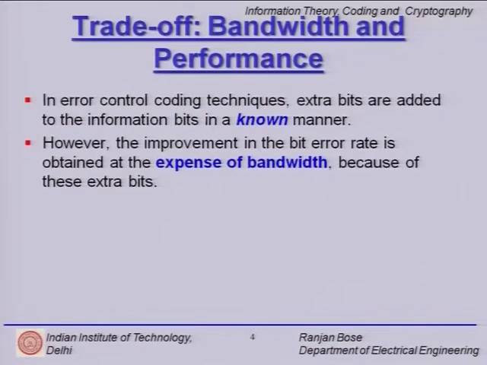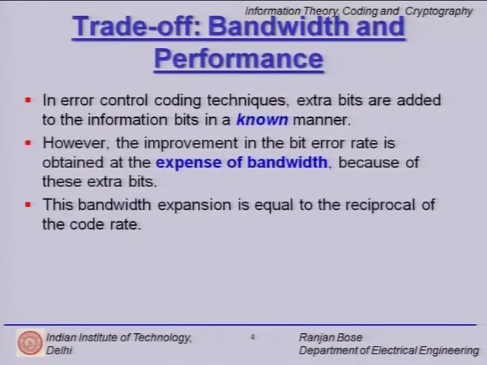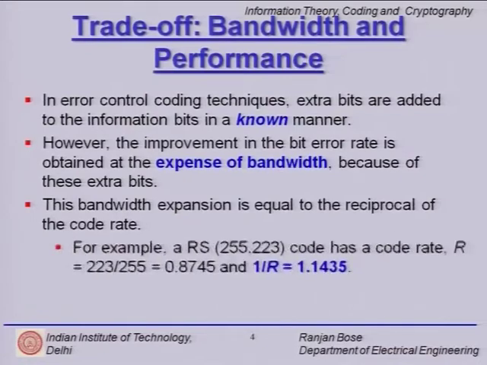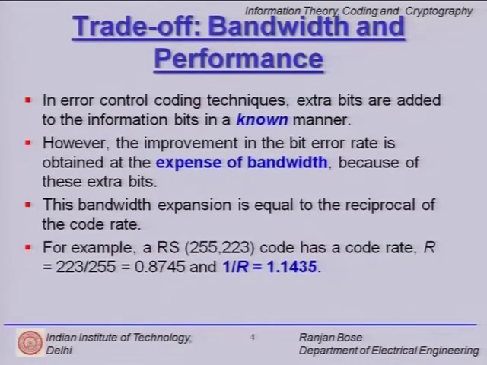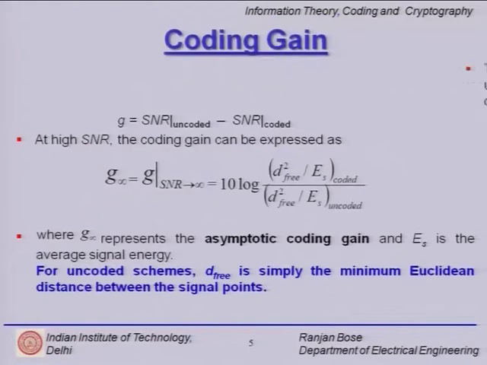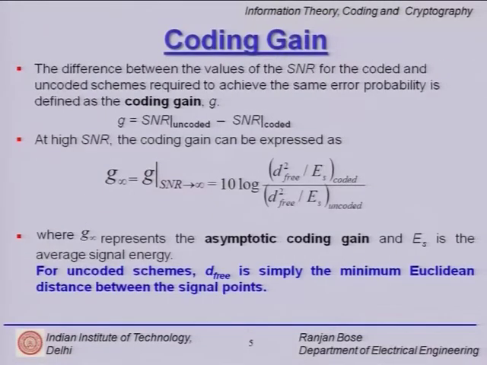Therefore, error control schemes always required more bandwidth, and we realized that this was inversely proportional to the code rate R. And we decided that in trellis coded modulation schemes we can gain something out of nothing, because we can leverage the gain by the error control coding scheme and the modulation scheme together.